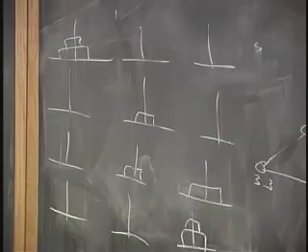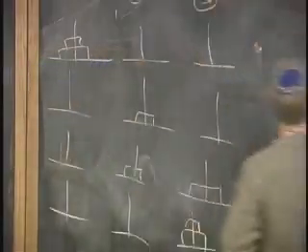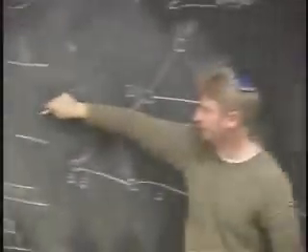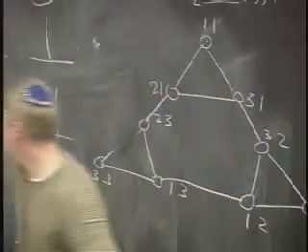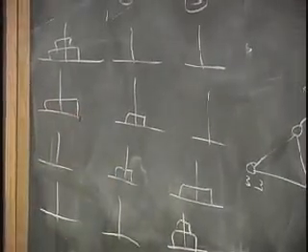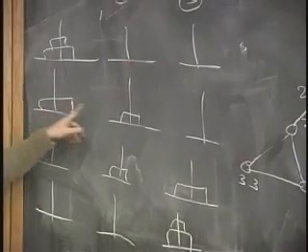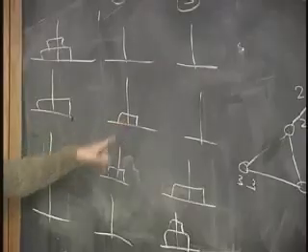Now let's follow this on the graph. This is the position that we call, here, peg 1, peg 2, peg 3. This is position 1, 1. What's this position? Where's the bigger one? The bigger one is on 1. The smaller one's on 2.